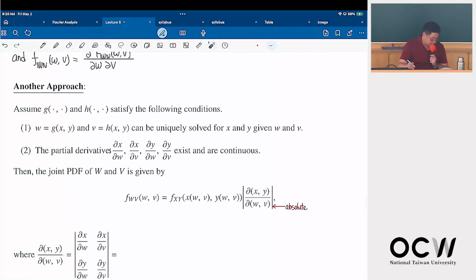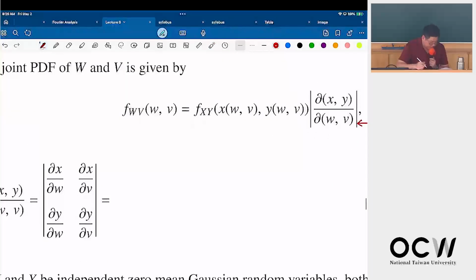And then what is this term? The Jacobian is a determinant.